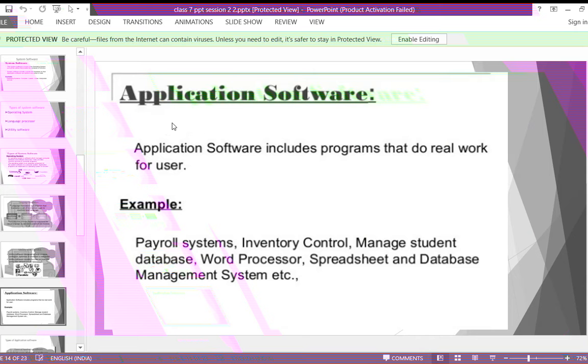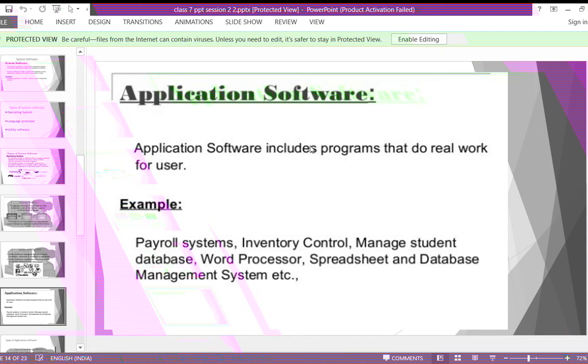Application software. Yes. So just now we saw system software, so now we will see application software. What do you mean by software, as I told you? Software is a collection of programs which are executing on the computer.